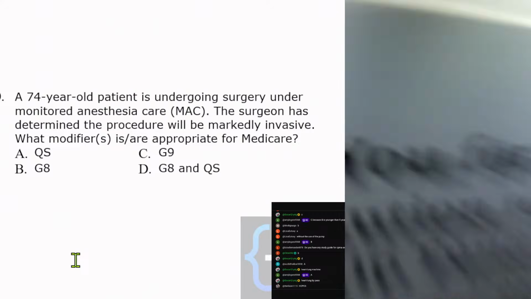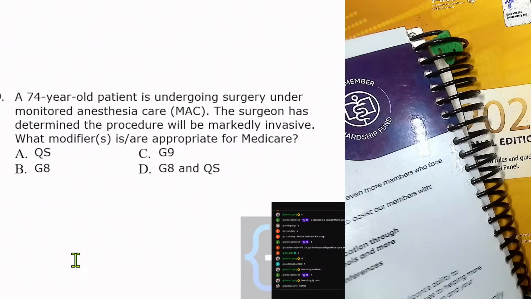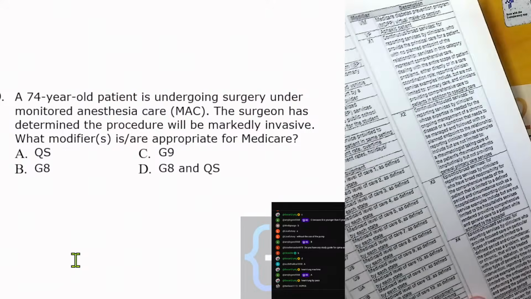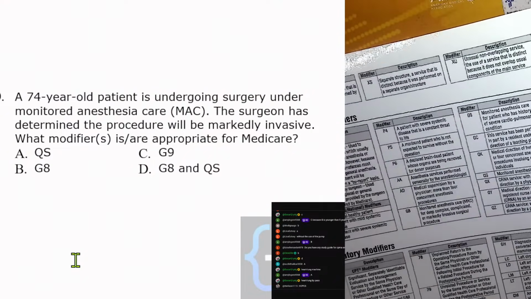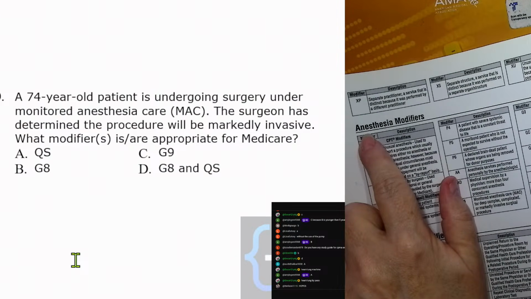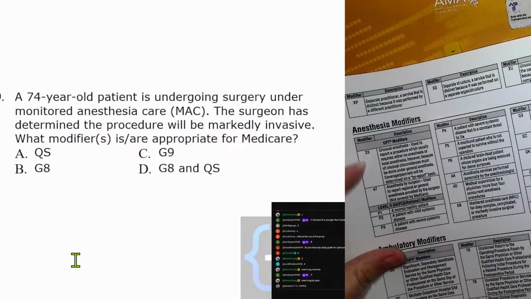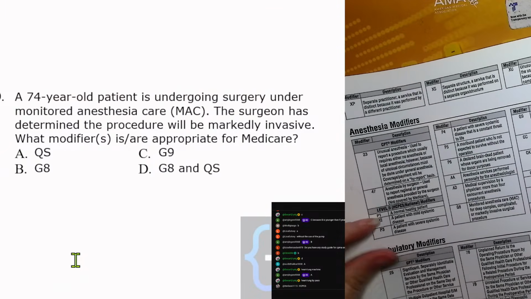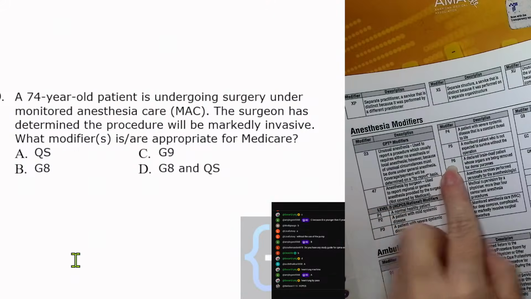But if you go to the back cover of your HCPCS book and you look at the very last back cover page, they have taken all the anesthesia modifiers and put them in one little box right here. Everything from 23, 47, the P1s, P2s, P3s, P4s, P6s.